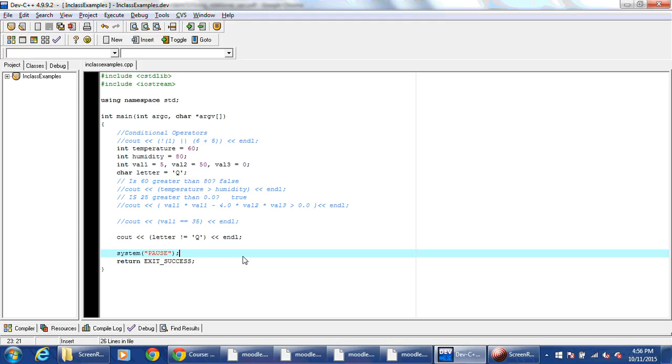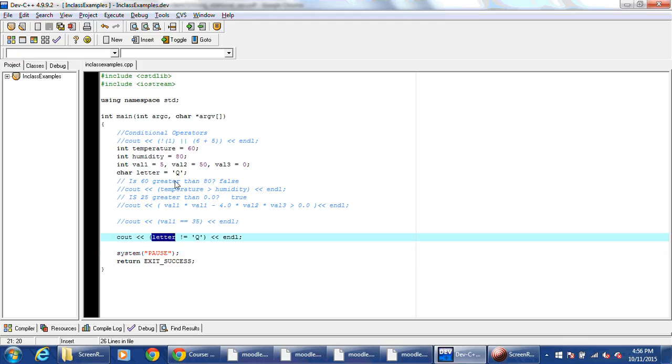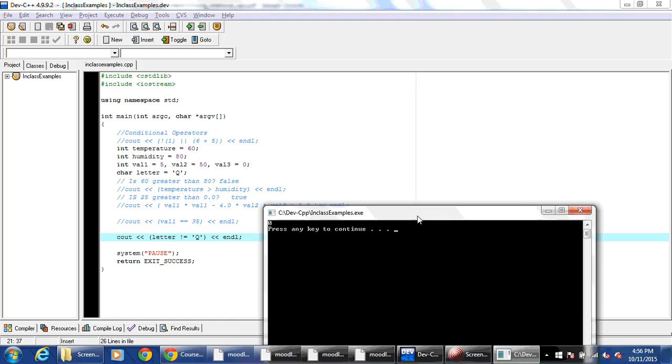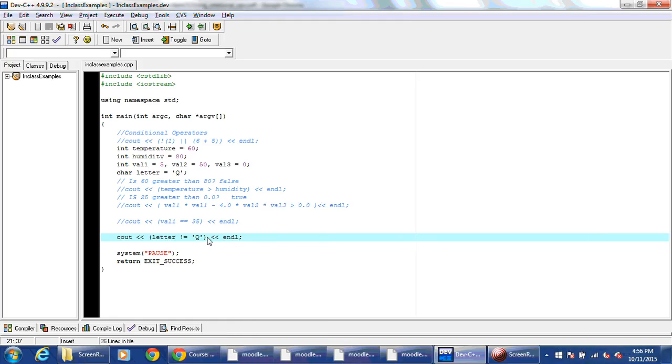Q is Q. So if I replace this letter with the Q, which is the value, then they do equal. So then that's false. There you go. It's 0. This particular one is a little bit tricky. You just have to sound it out in your brain and you have to write it out. And you have to answer the question: is this not equal to that? No, it's not. Then it's true. If it is equal to that, then it's false. Okay?